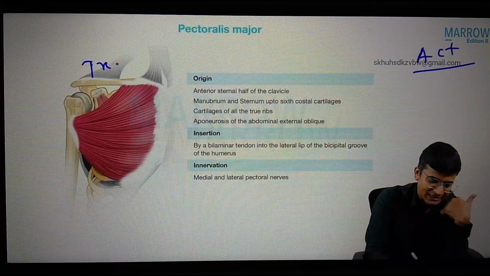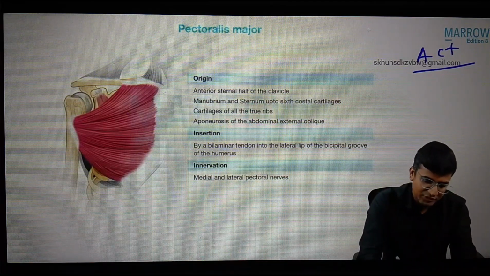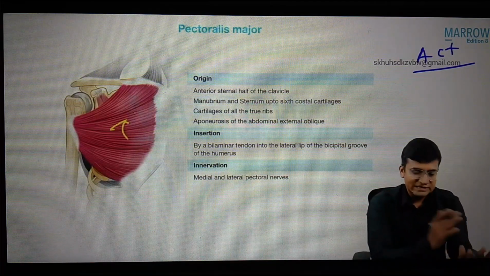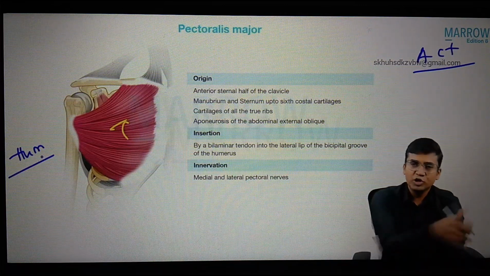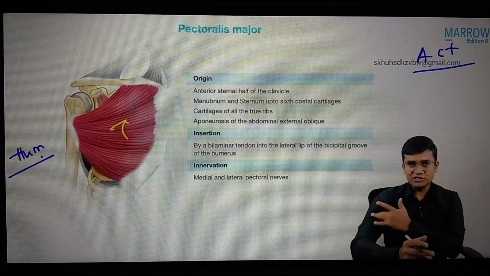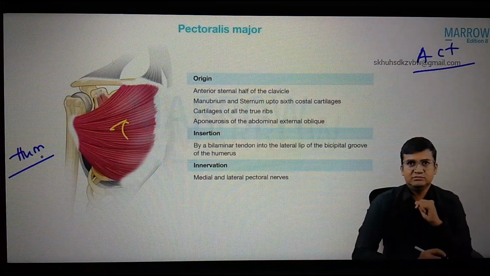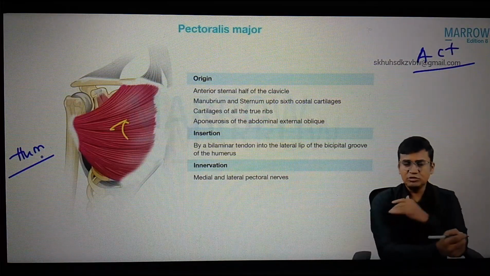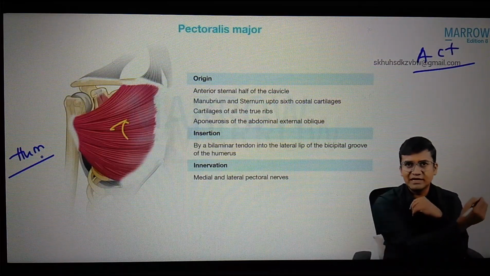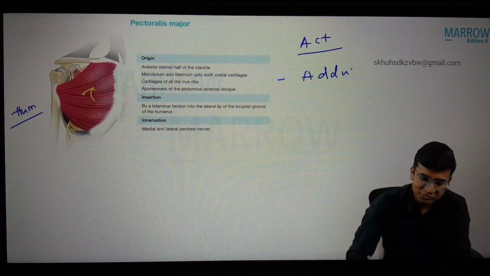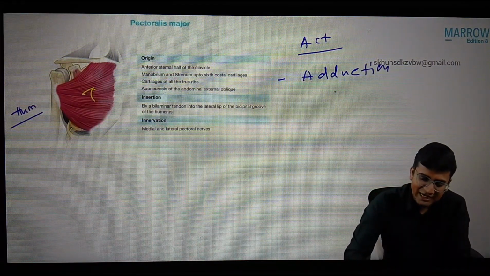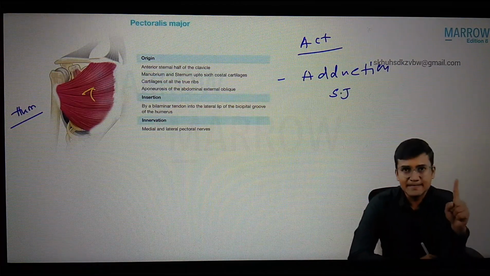You can call this the trunk. Insertion is to the humerus bone. So the humerus bone moves towards the trunk, towards the body, towards the midline. That is called adduction. So pectoralis major muscle, adduction of the shoulder joint, number one.